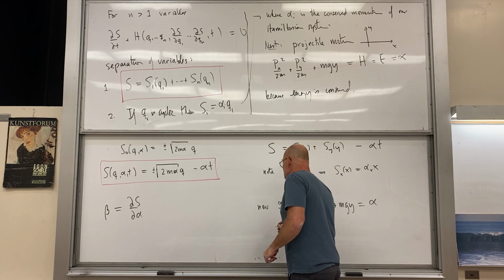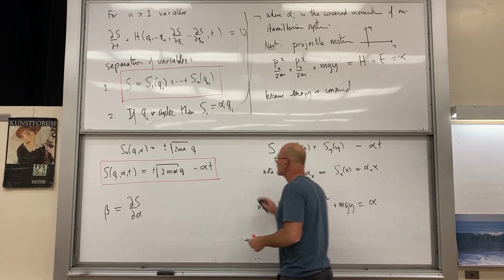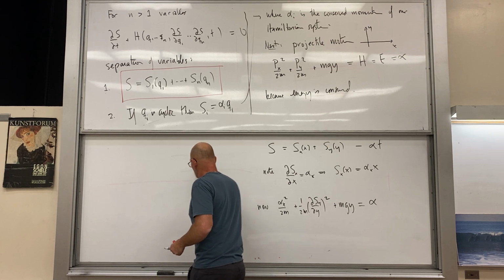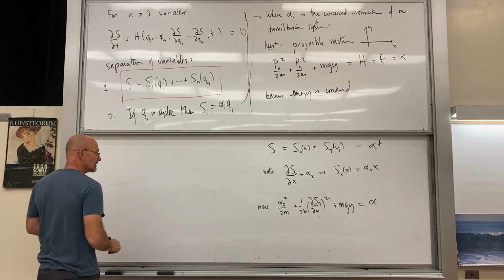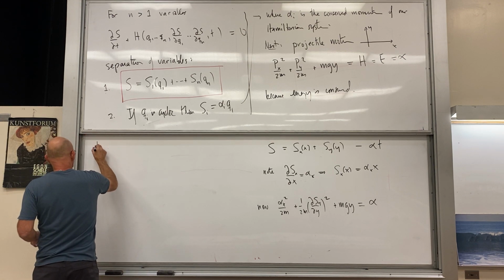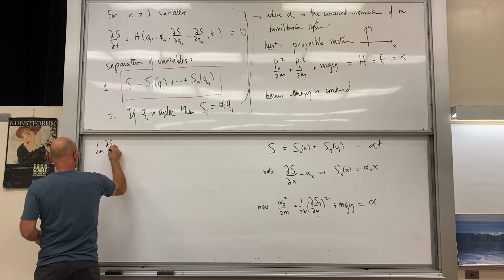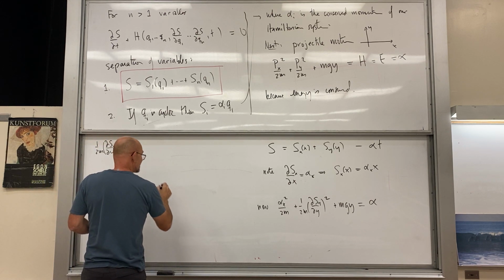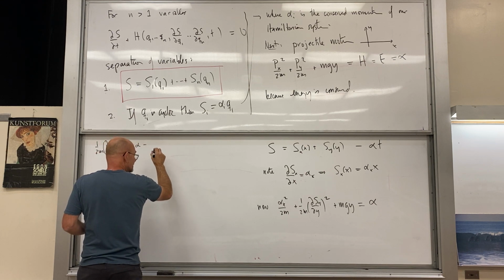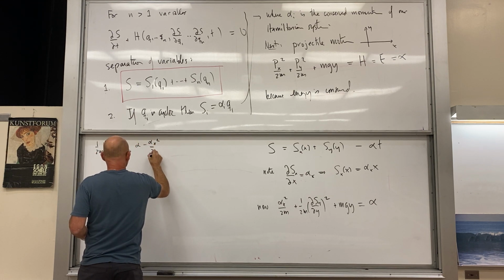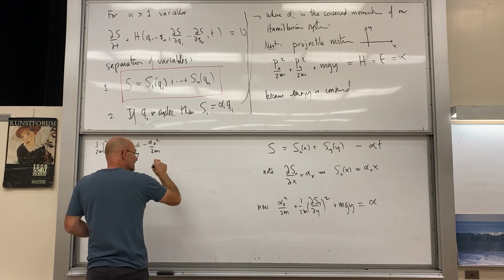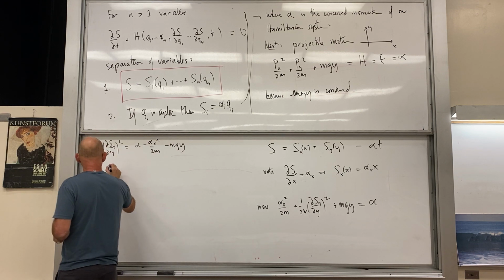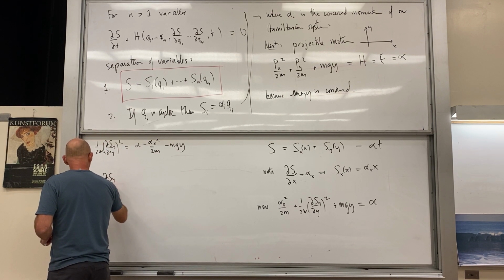So let's do this in a couple of steps, and then I'll leave it for you guys to finish up. So what do we have here? We have 1 over 2m dS_y/dy squared equals alpha minus alpha_x squared over 2m minus mgy.